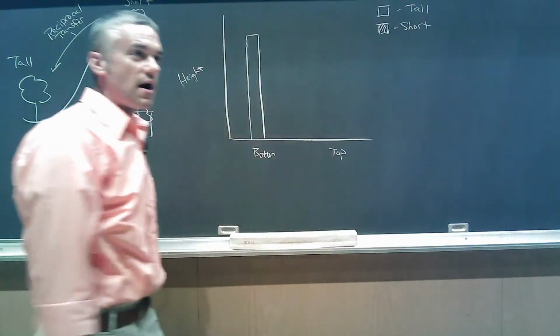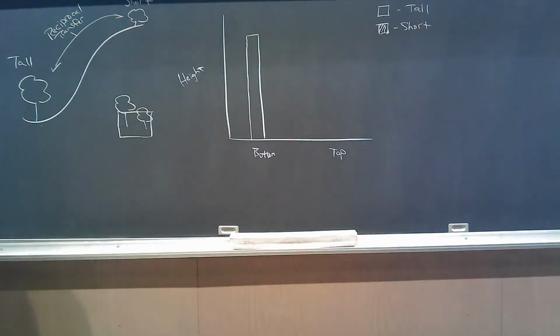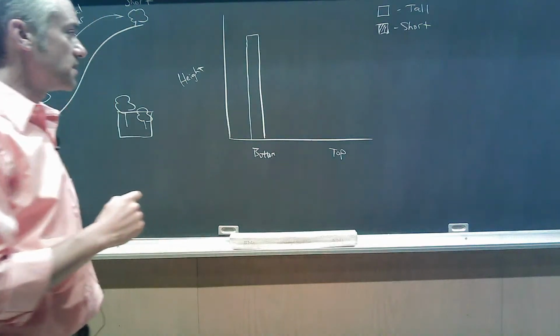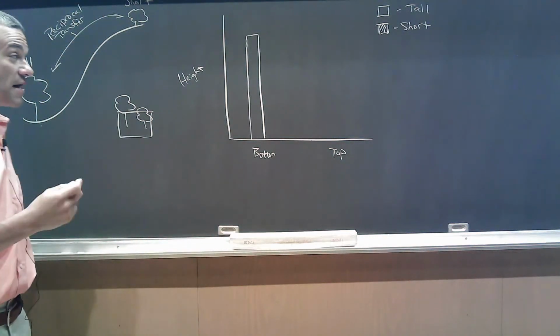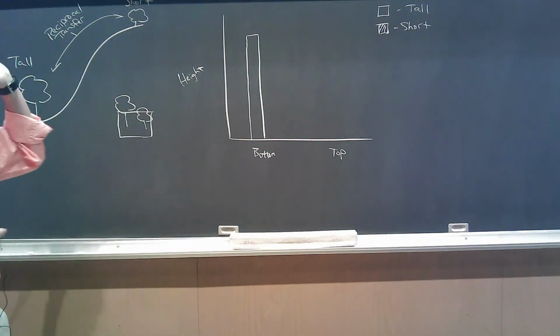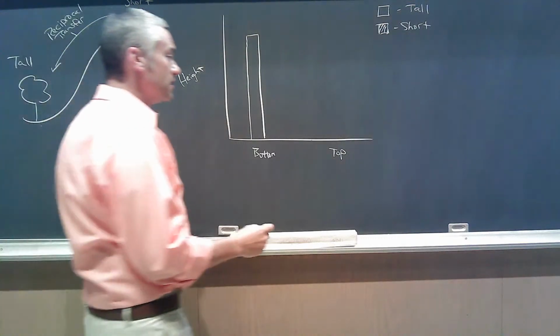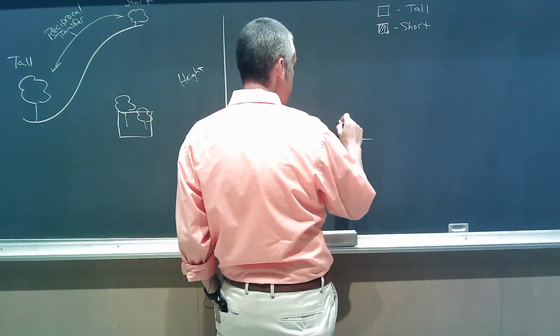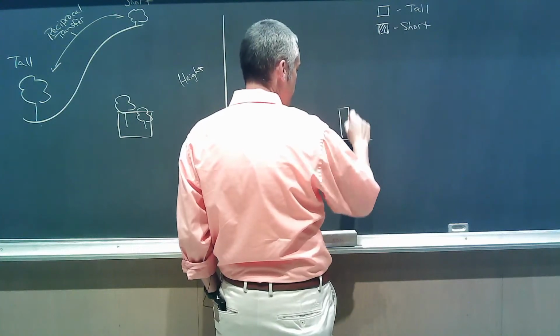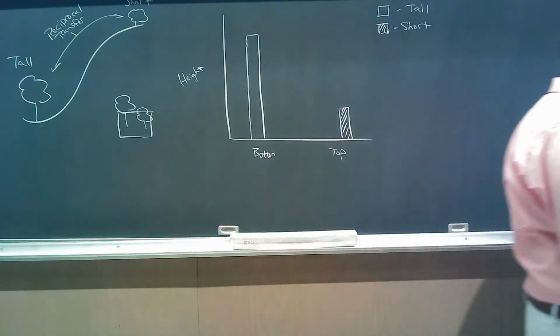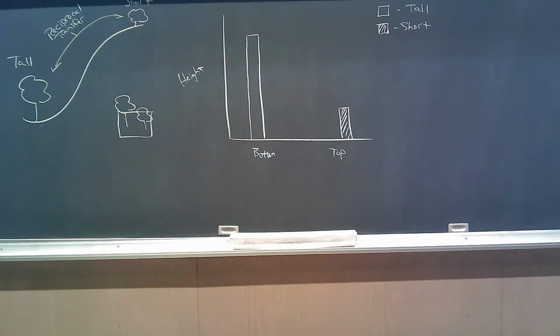So the open boxes will be our tall, our hatched boxes will be the short. Will be our short phenotype. All right, so at the bottom of the hill, our tall plants, they grow tall. At the top of the hill, our short plants are short. All right, that's our normal condition, our natural condition.